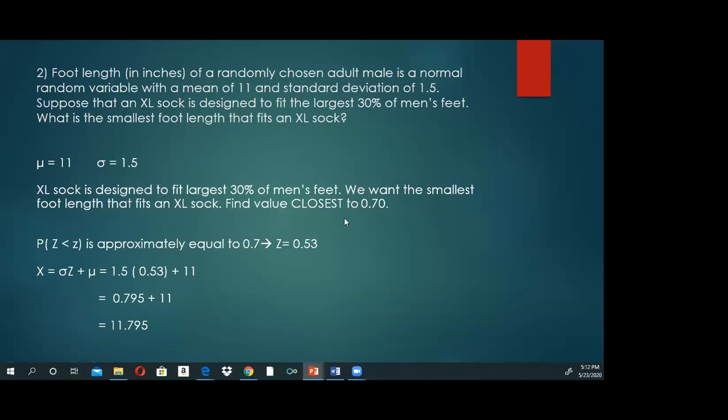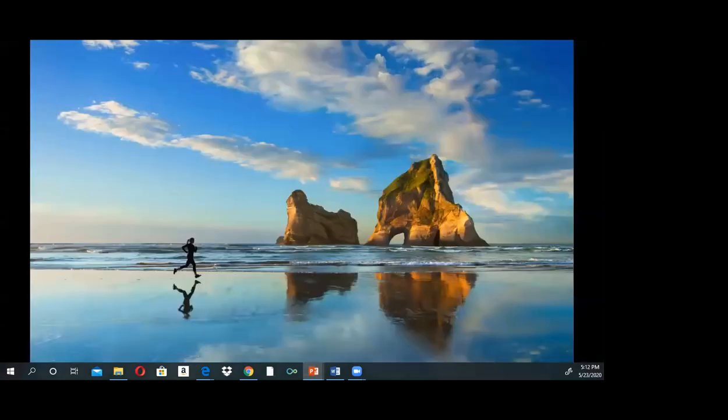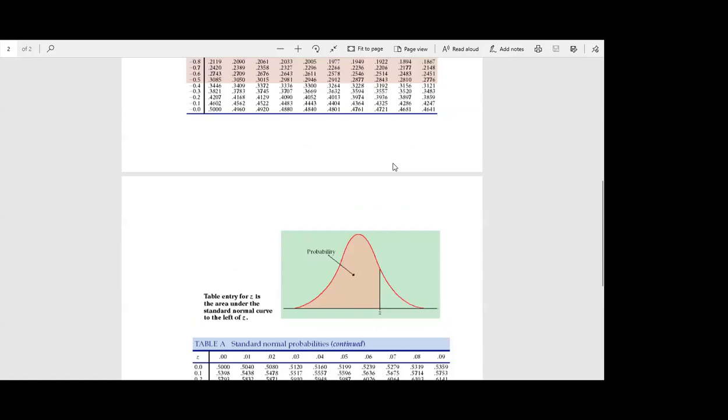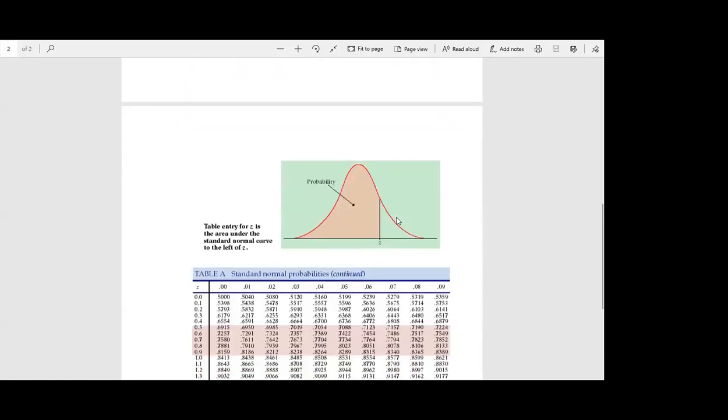Then we need to find the value in our normal distribution table that is the closest to 0.7. So we're going to be reading the table from inside out.